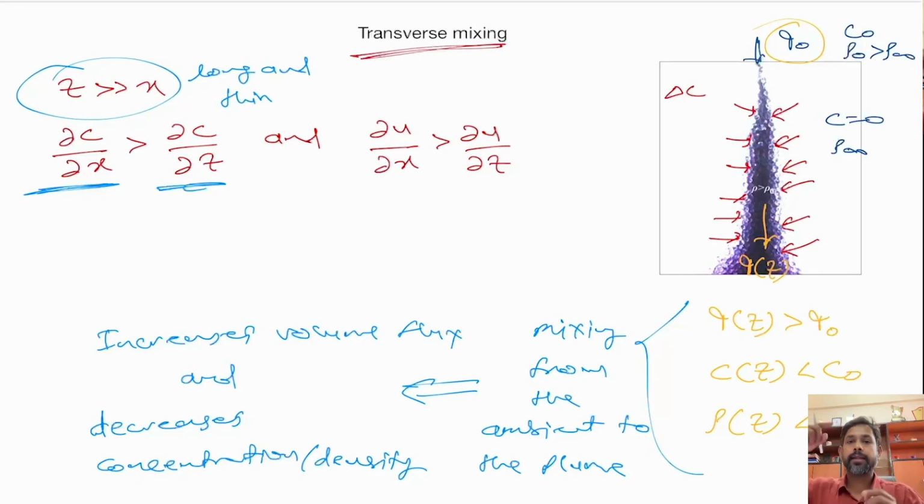Your vertical length scale is much greater than the horizontal length scale, where the horizontal length scale is very thin, right? And that is why this particular condition holds, and if this condition holds, then mixing must happen in the horizontal direction, not in the vertical direction.